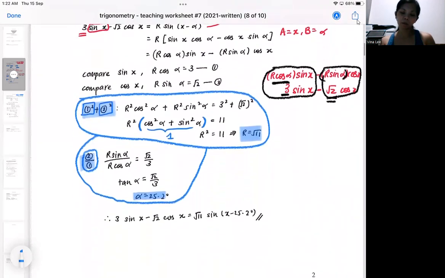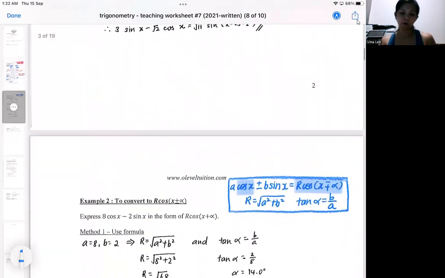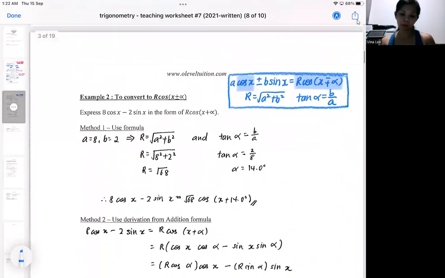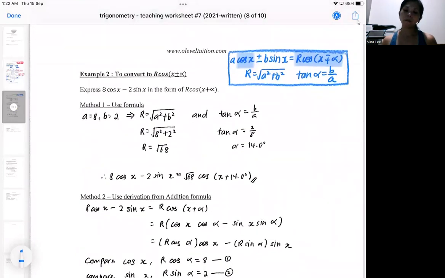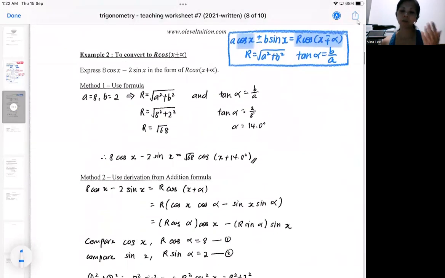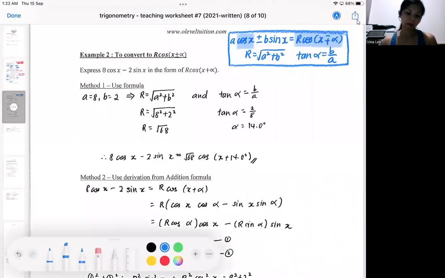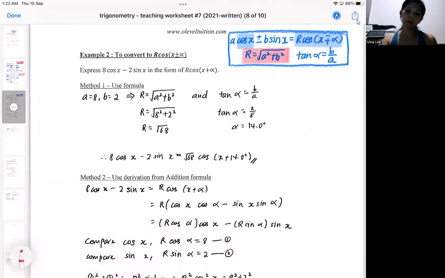The same thing is going to happen for the R formula for the cosine function. For the R formula for cosine function, I still need my A and B so that I can execute this formula. For this question, the A and B is very easy to tell. A is 8, B is 2.